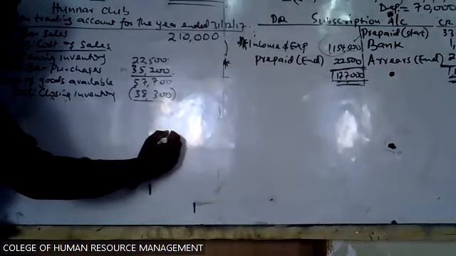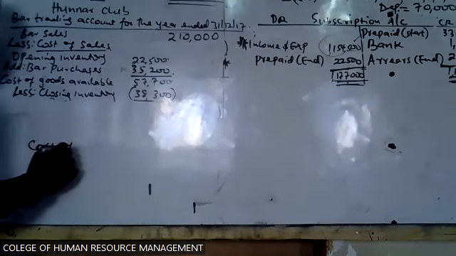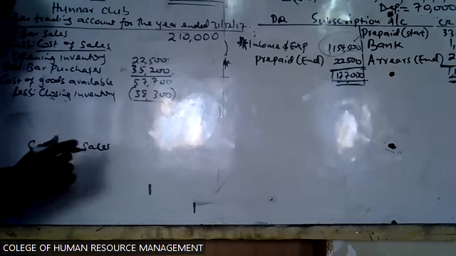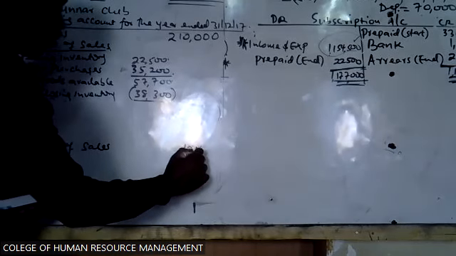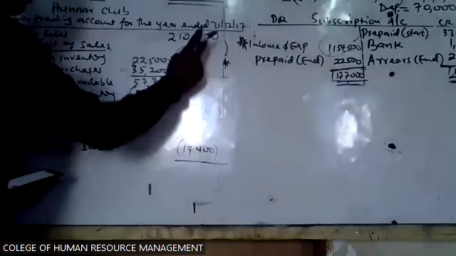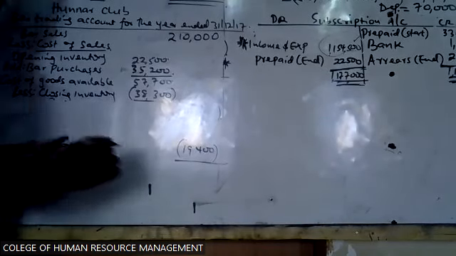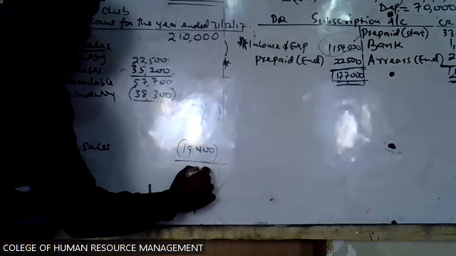Let me come here at the bottom, the cost of sales. It is 19,400. 19,400 you minus from the sales. You get 19,600.